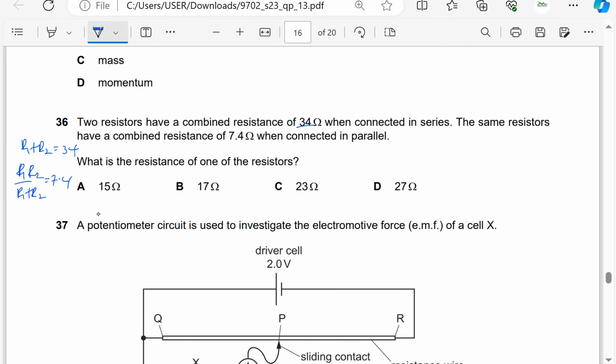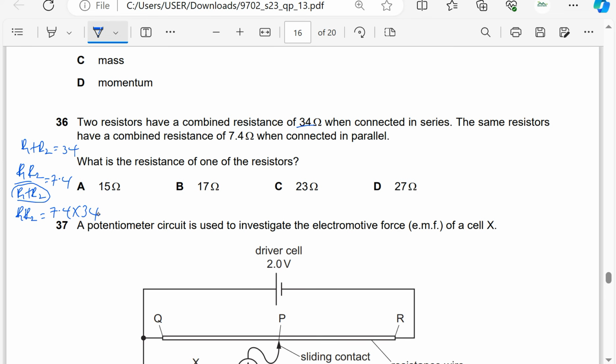So what remains is just to solve those two equations. I have two equations and two unknowns. This equation means R1 R2 is the same as, remember R1 plus R2 is 34, so this is going to be 7.4 times 34 when I make R1 R2 the subject.